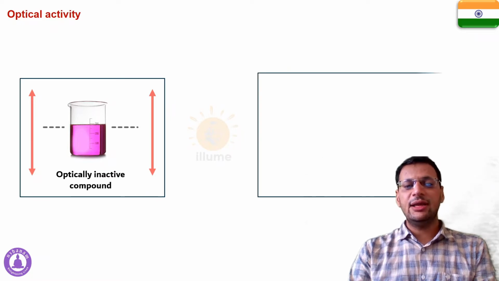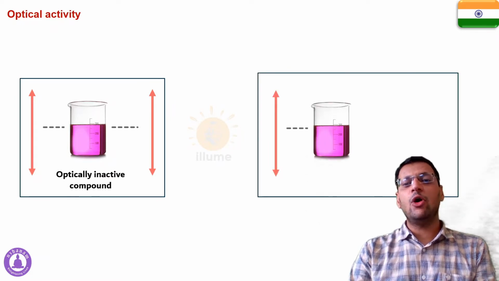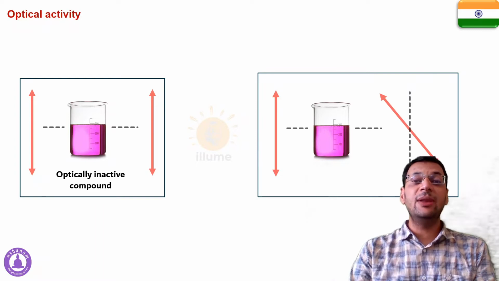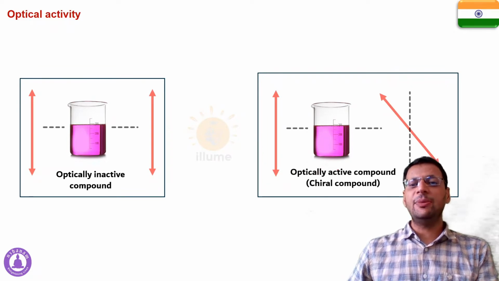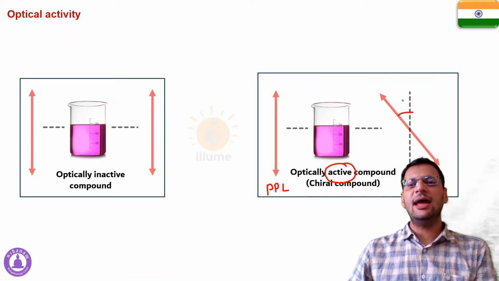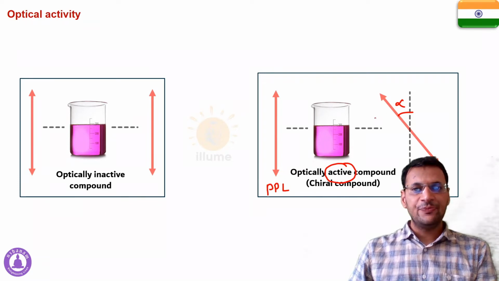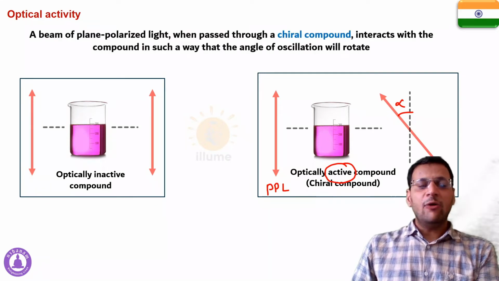On the contrary, an optically active compound will always deviate the plane of the light in which it is oscillating. As you can clearly see in this picture, this is an optically active compound, and when plane polarized light, that is PPL, passes through an optically active compound, the plane will deflect from the original plane by an angle, let's say alpha.